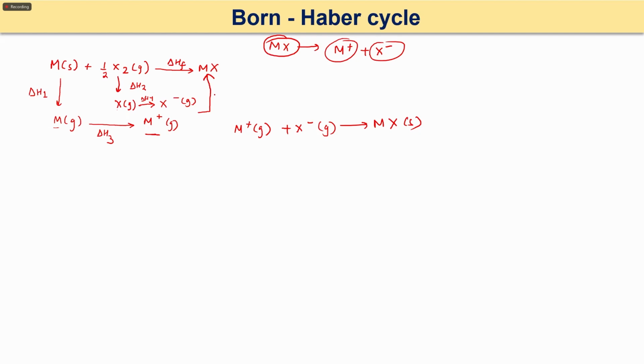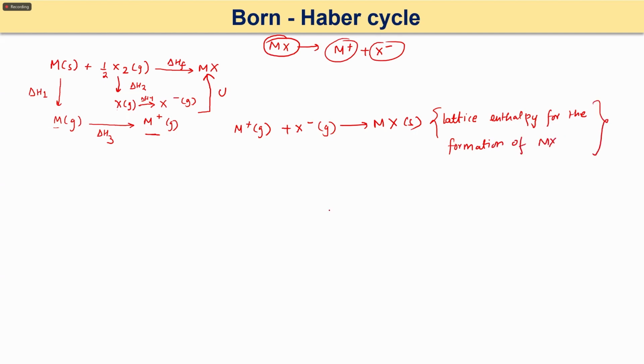Okay. Let us call this U, which is the lattice enthalpy for the formation of solid. So this one is what? The lattice enthalpy for the formation of MX.